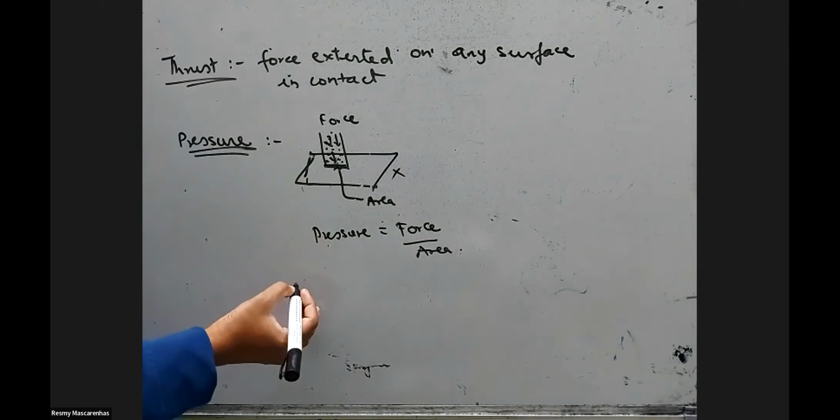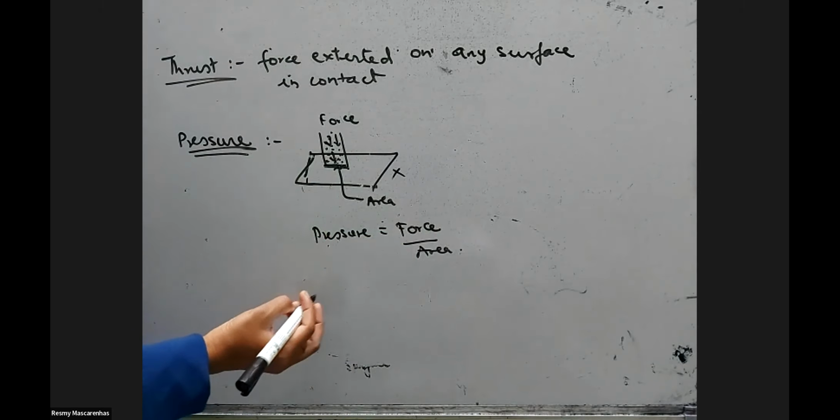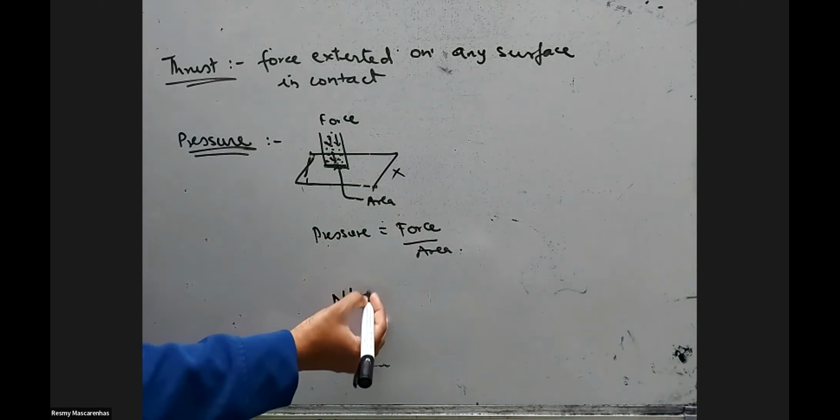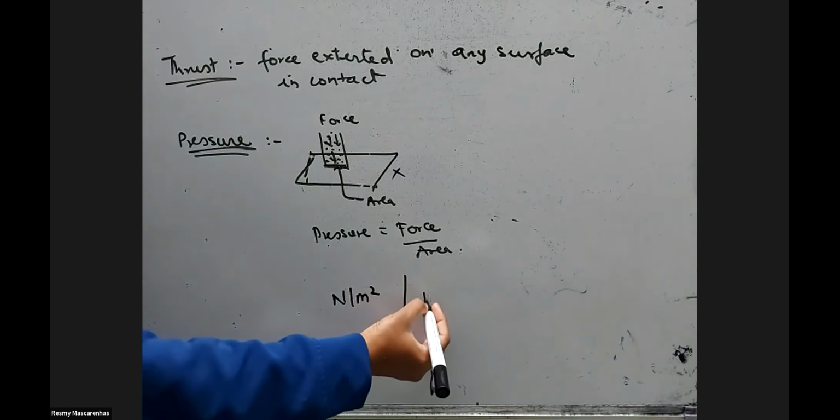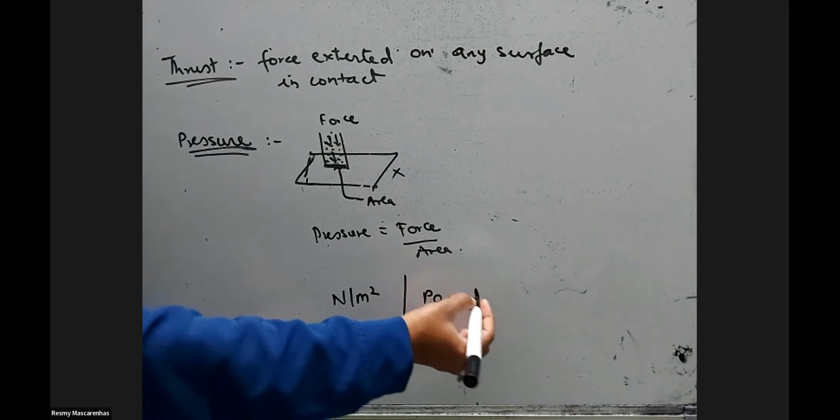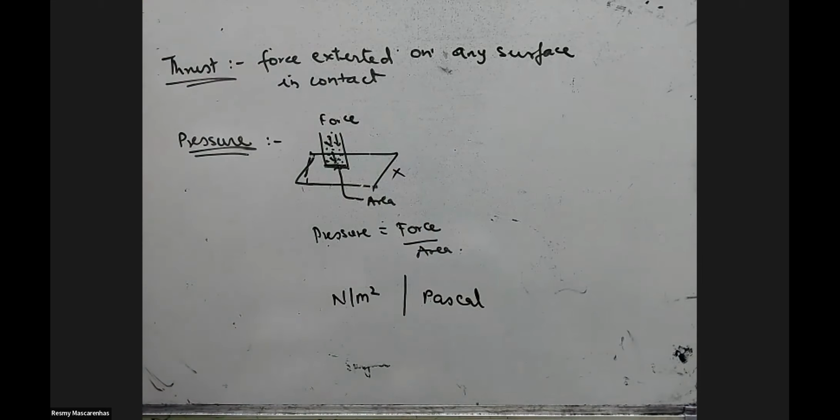We know that the unit of pressure, which we also saw in the previous chapter, is either Newton per meter square, or we write it as Pascal. Or in the CGS system it is dyne per centimeter square.